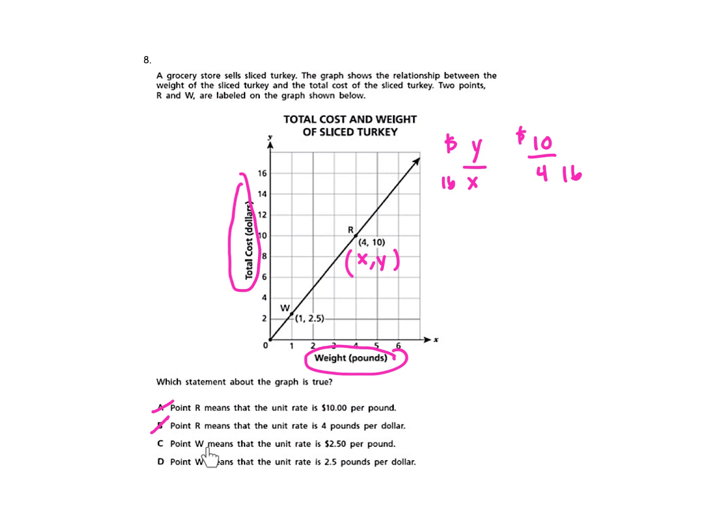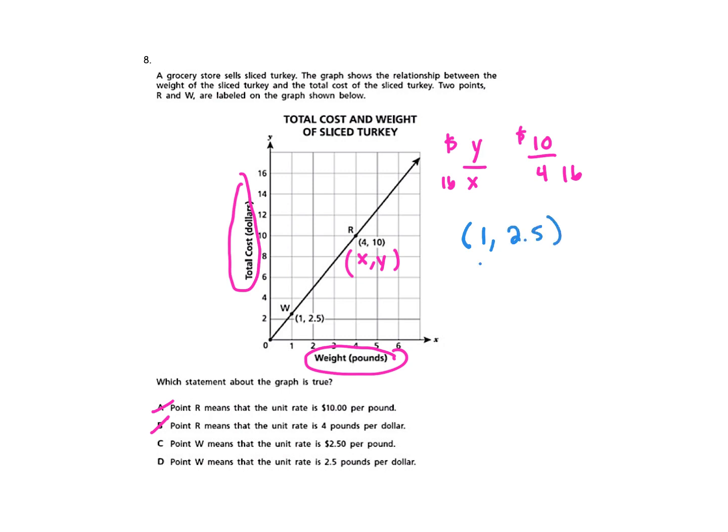Letter C says point W means the unit rate is $2.50 per pound. So let's look at point W. Okay, and I can see that this is not exactly on this grid mark, and they've actually marked it. So the ordered pair that they've given us is 1 and 2.5.